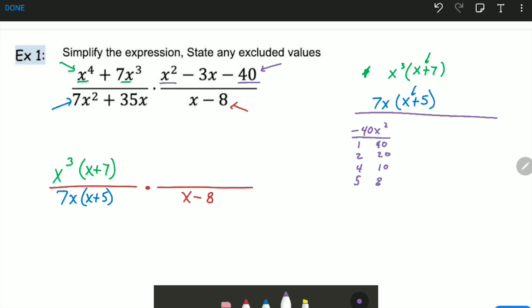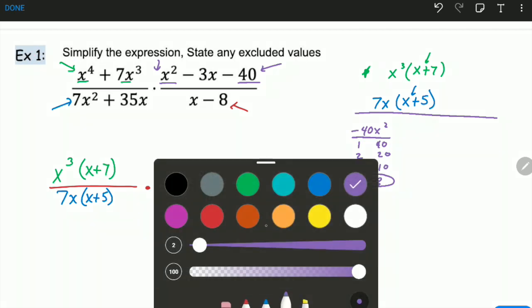It has to multiply to be negative 40, but add up to be negative 3. So I think we're going to want negative 8 and positive 5. Since we don't have a leading coefficient, we can use our shortcut, skipping straight to the factors of x plus 5 and x minus 8.